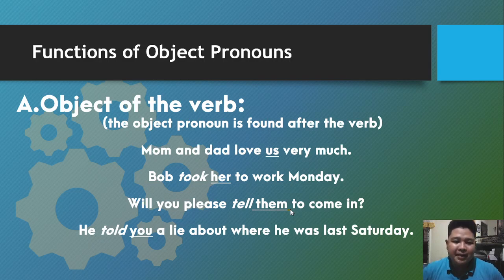The verb in the sentence is love, and that is why the pronoun us is found after the verb, and that is why it's considered the object of the verb. The function of the object pronoun is the object of the verb.